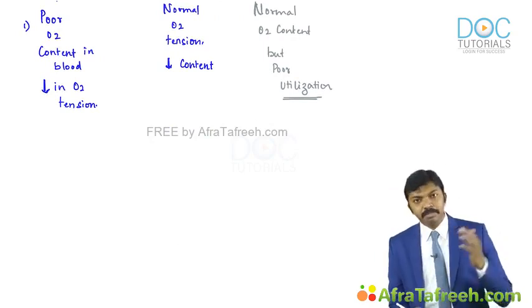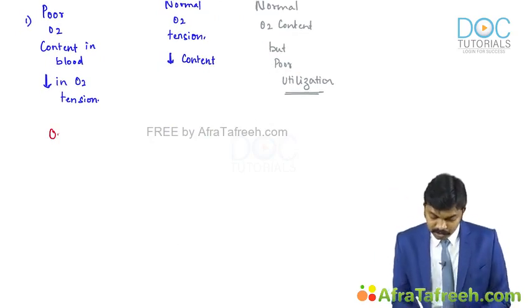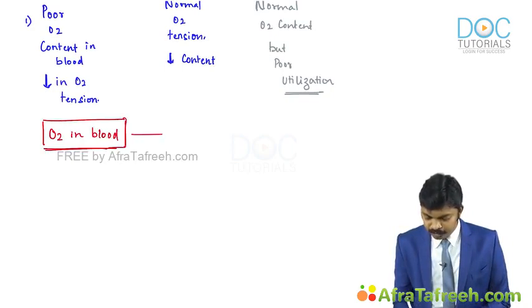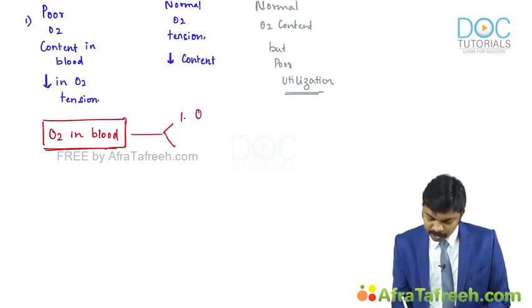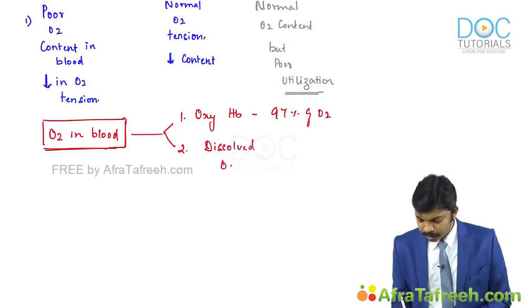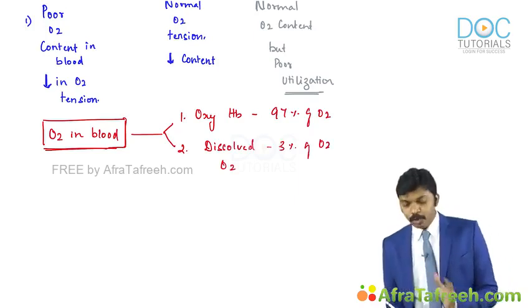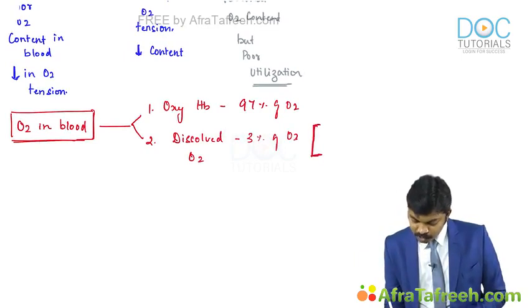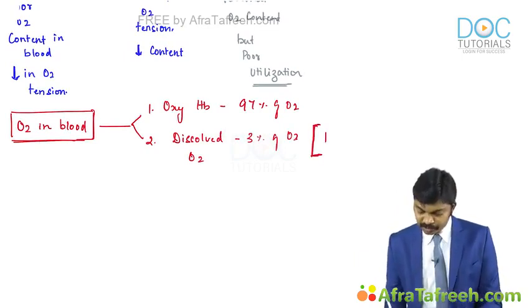We discussed in the previous videos that oxygen in blood is carried in two forms, doctors. First one is oxyhemoglobin, by which 97% of oxygen is transported. Number two, dissolved form, by which 3% of oxygen is transported. And you know very well, it is this dissolved form of oxygen which contributes to partial pressure of oxygen.